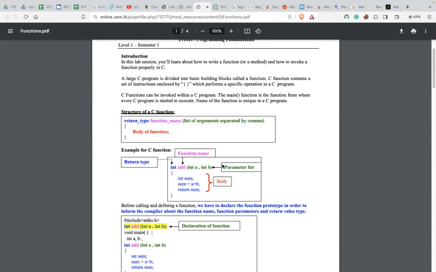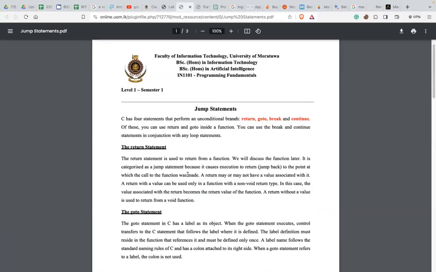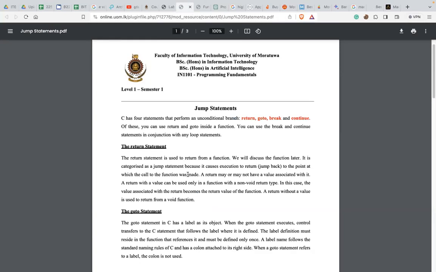Okay, up to here, do you have any questions? Up to the jump statement, do you have any questions? If you don't have any question, I can conclude the lab session. If there is a question. So can I know what is the difference between return and return 0?